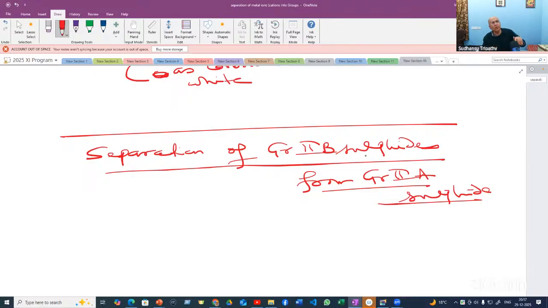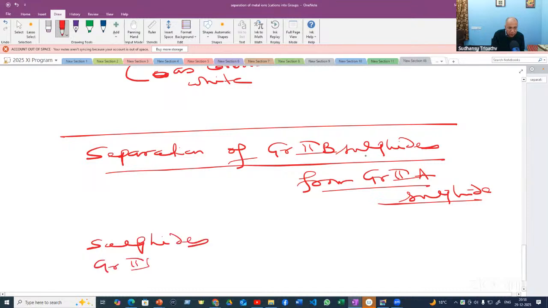Let us start from group 2 precipitate. We will take one box after the other. Which box you take first, which box you take second, is your prerogative. Then you have to separate group 2A sulfides from group 2B. That is done by the sulfides.